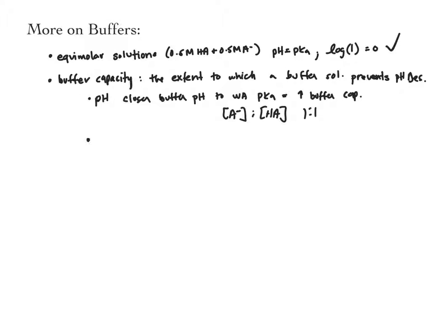Okay, so the second feature that's going to affect our buffer capacity is concentration. All right, so concentration makes physical sense. If we increase the concentration of our acid and base pair, what that's going to cause is the ability to add more hydroxide or more H+ ion, because there's physically more of these two species to counterbalance that change in pH.